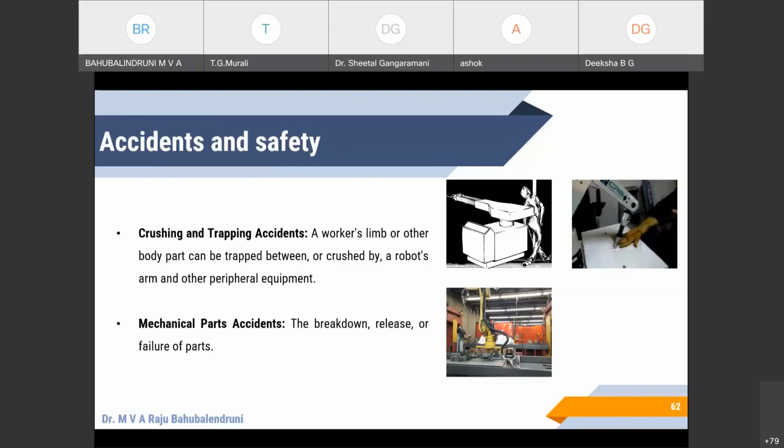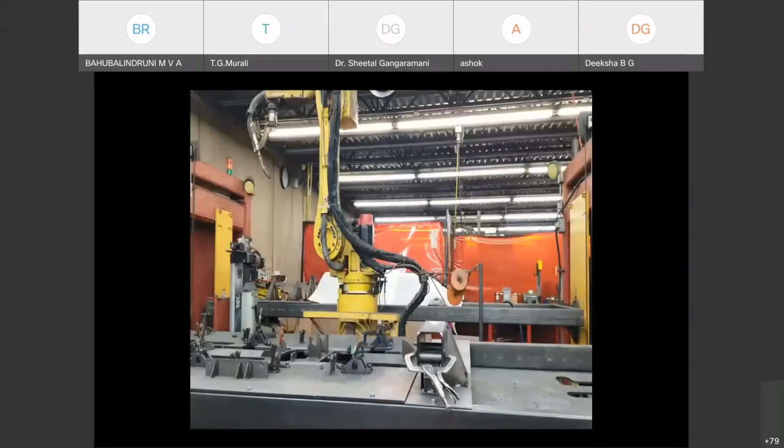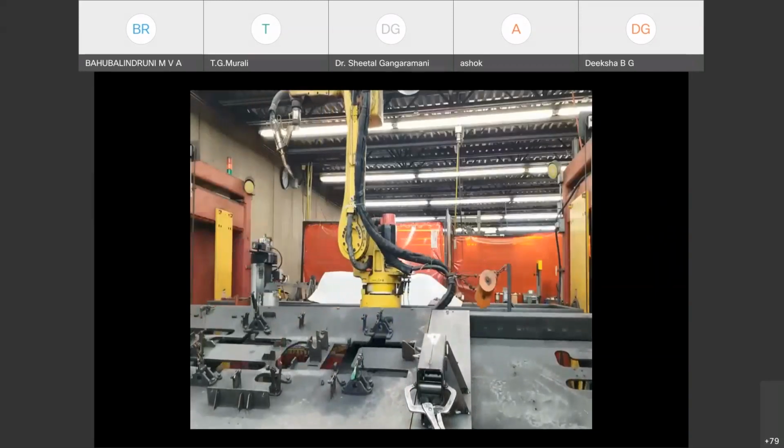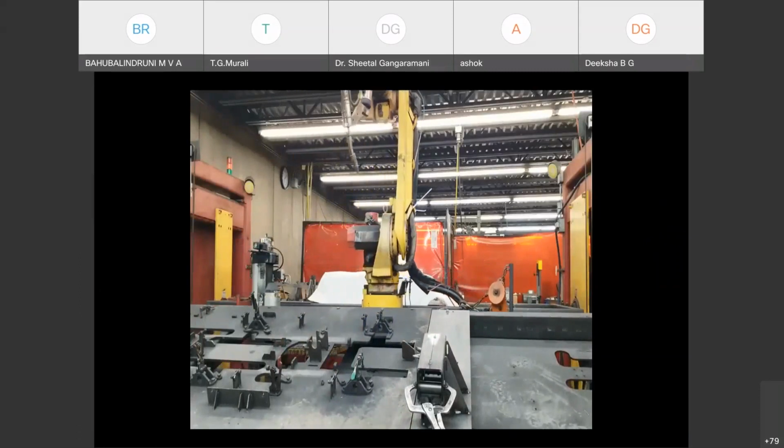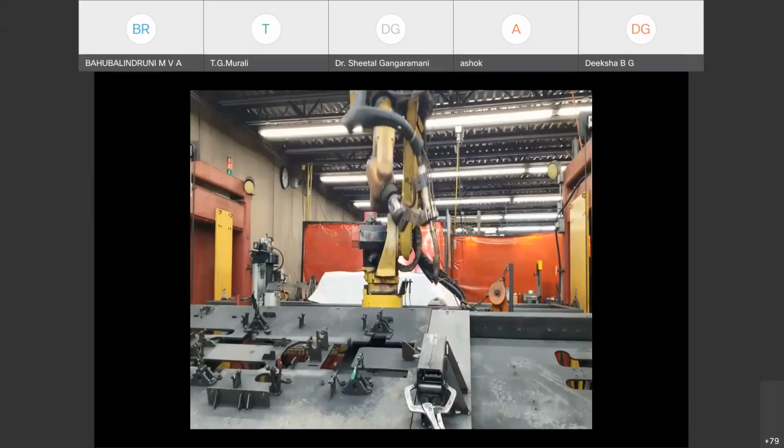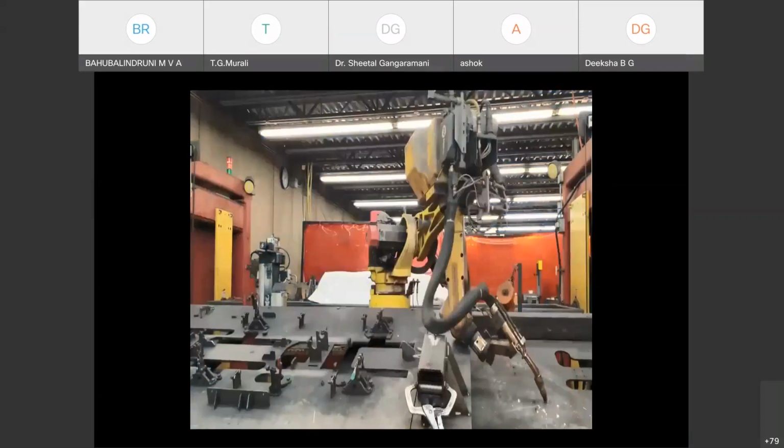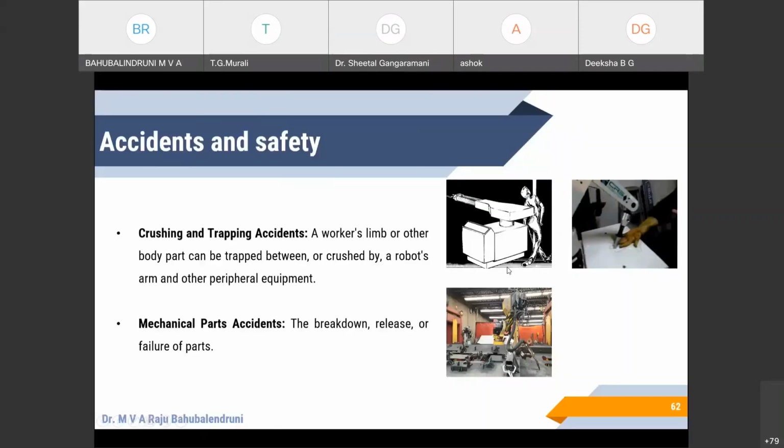Here you can visualize certain failure of the machine during the running condition, because a heavy payload is there. In the sudden failure, you can see that this particular joint could not hold the entire weight.